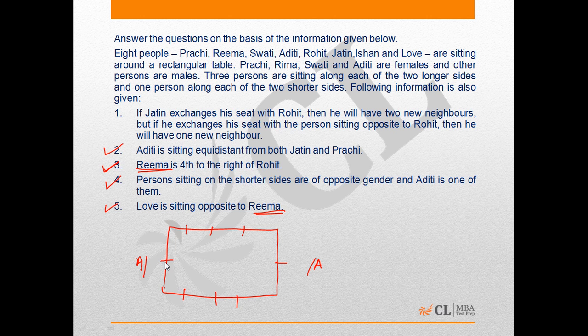As we know that Aditi is sitting along one of the shorter sides, which means Rima and Rohit cannot sit along the shorter sides, which means they are sitting along the longer sides.